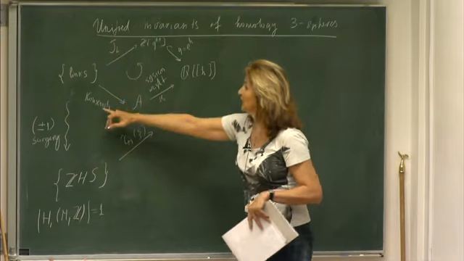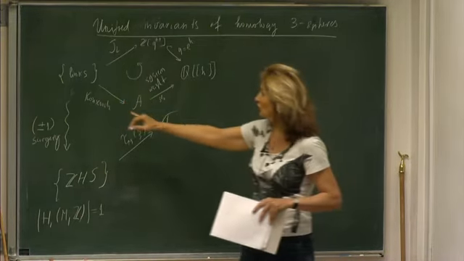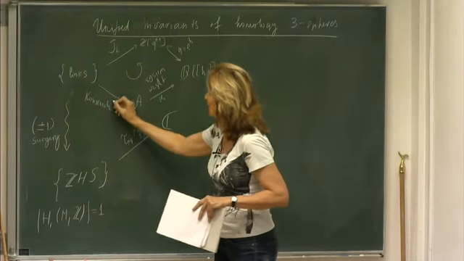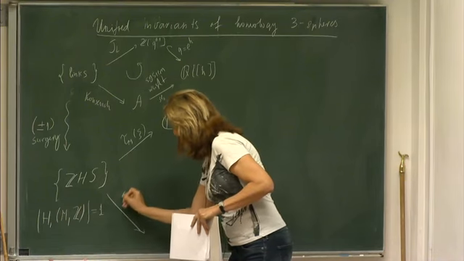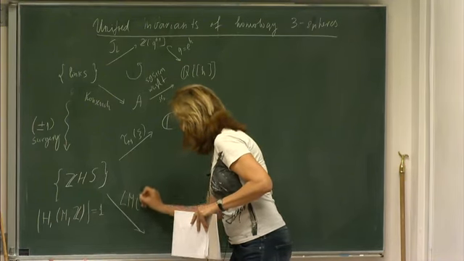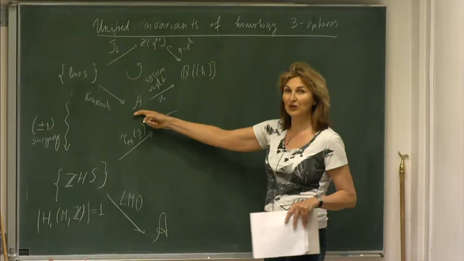Again, you can make a surgery procedure on this Kontsevich integral. This was done by Le, Murakami, and Ohtsuki. You again get an invariant in this space A of Feynman diagrams.